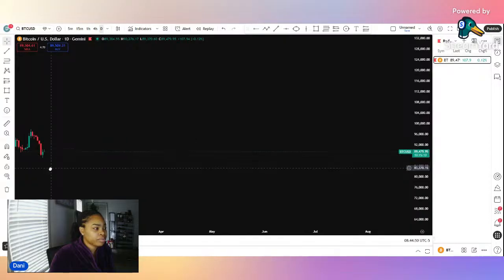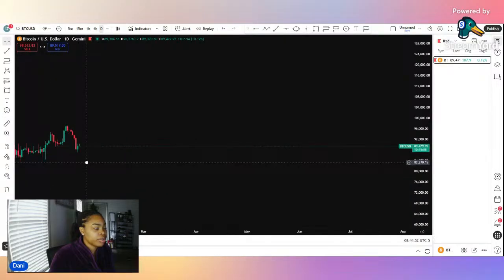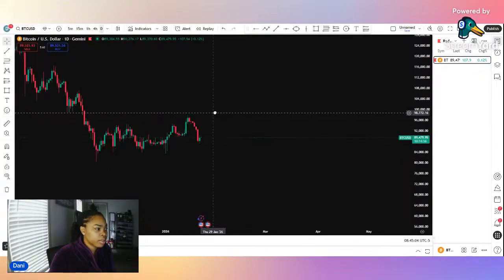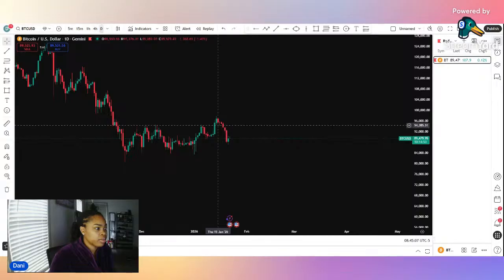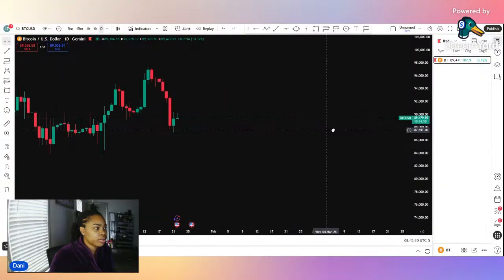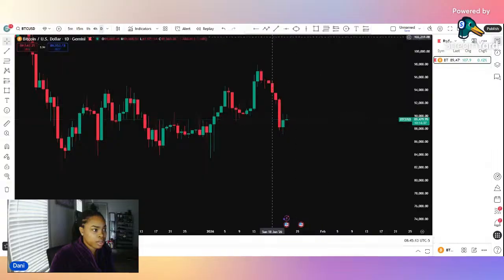However, compared to this support level that we saw in December, last month, this is a higher low. So my bias is going to be bullish today, and I am going to mark my support levels. All right.